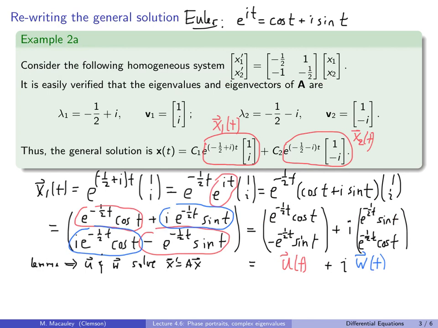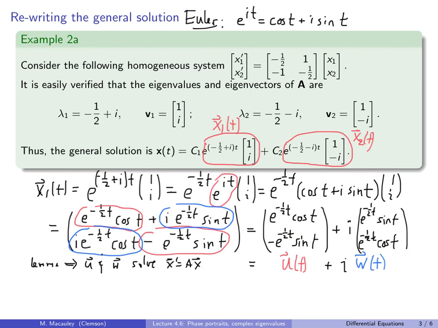And what else is nice? Well, we know that our general solution is c1 times x1 plus c2 times x2. All we need for a general solution are two distinct functions, and then we have the general solution.